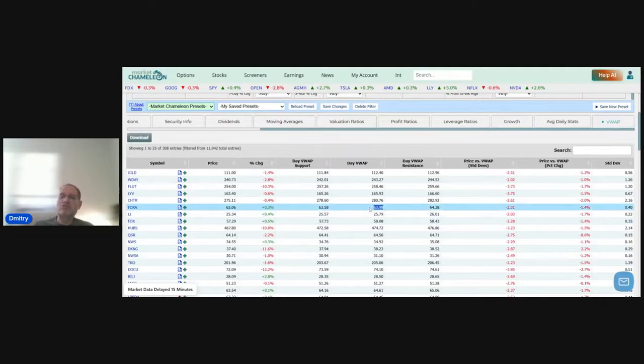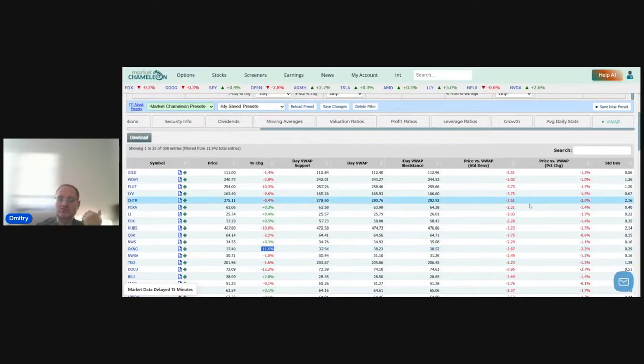So it could have opened higher, traded a lot, and then started drifting back down, right? So this is what's going on here. The stock, even though it's up on the day, is starting to display weakness, drifting lower from its VWAP price. Okay, so it doesn't necessarily need to be down on the day for this to happen.